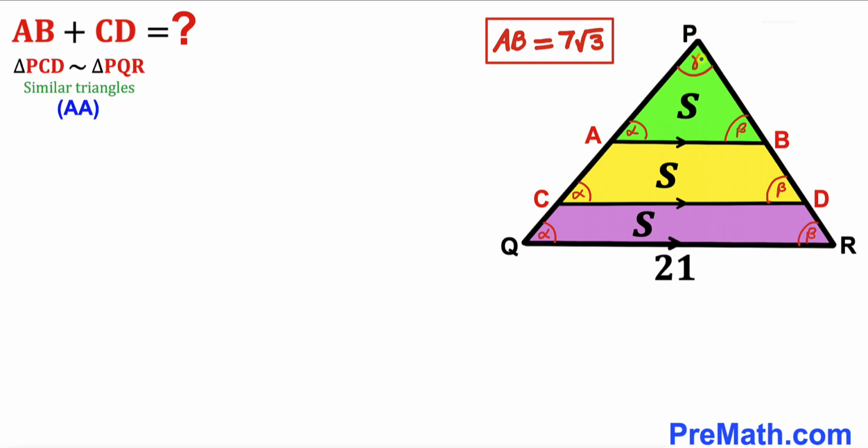Let's focus on this triangle PCD and the big triangle PQR. Then we can see that these two triangles, triangle PCD and triangle PQR, are similar triangles according to the angle-angle similarity theorem. So therefore we are going to have a proportion.